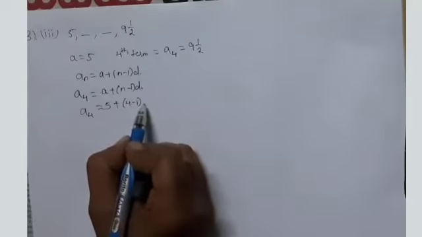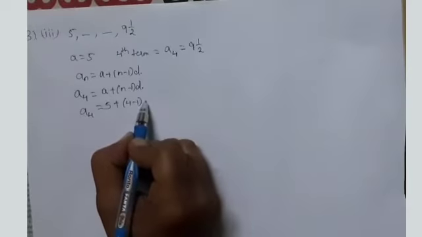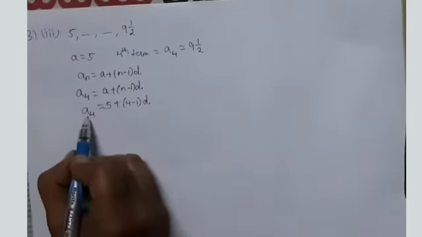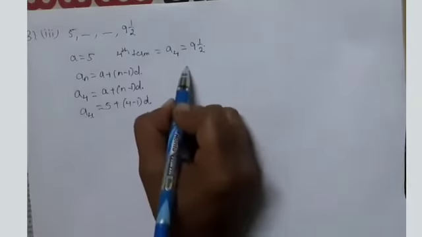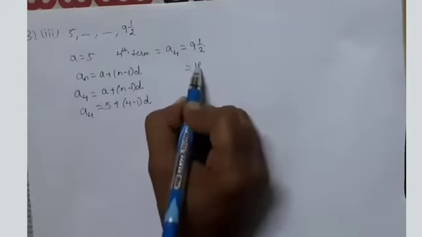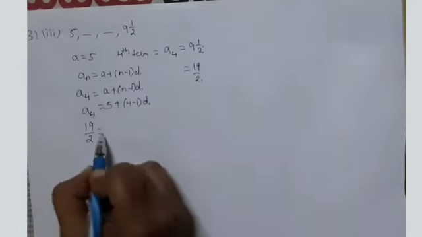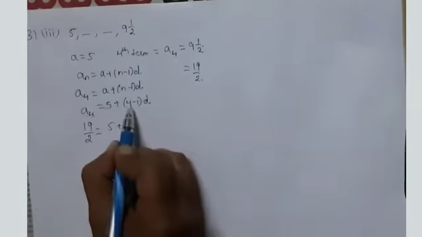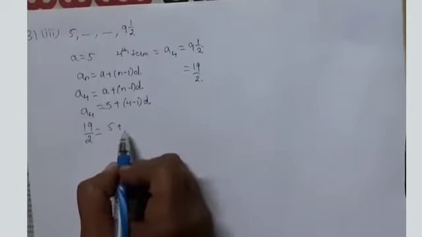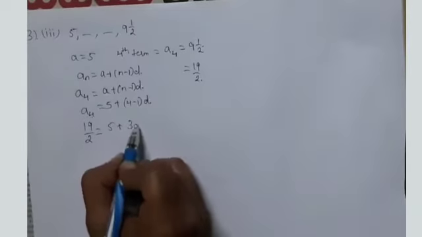From here we will find out what is d. D is not given for us. So a4 is 9 1 by 2 means 9 2s are 18, 18 plus 1 is 19 by 2. So let me write here 19 by 2 is equal to 5 plus 4 minus 1 is 3, 3 into d, yes, it is 3d.